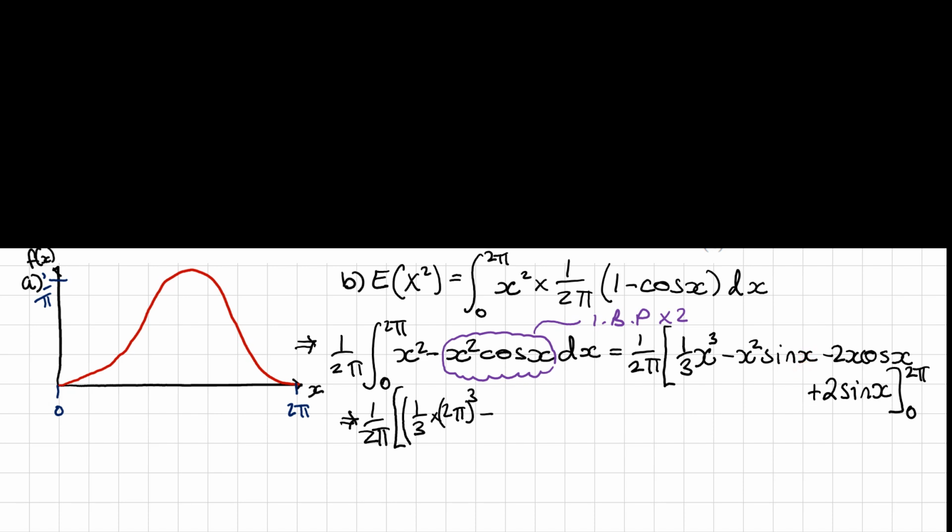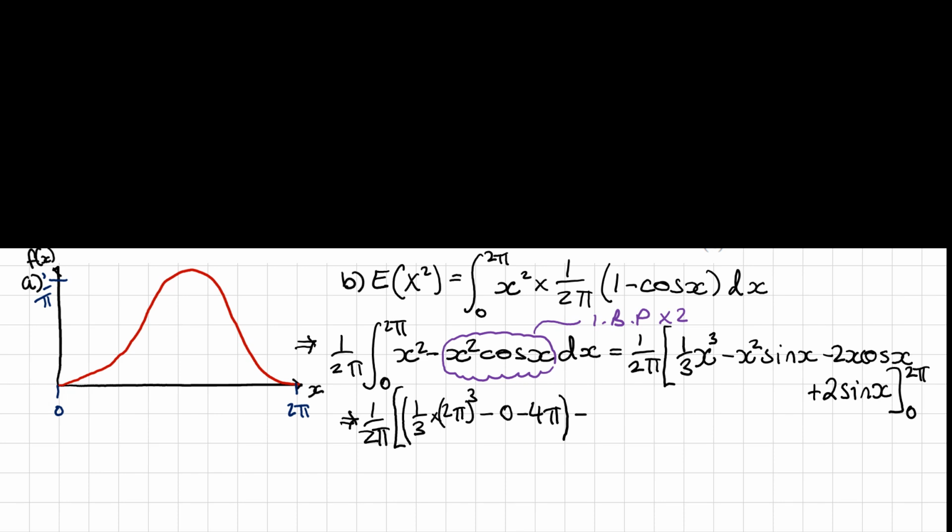Let's just put minus 0. And then we'll have minus 2 pi times cos 2 pi. Now cos 2 pi is 1, so you'll end up with minus 2 times 2 pi, so minus 4 pi. And then here again, sine of 2 pi is going to be 0, so I won't bother with that. So okay, we've got our first bit done.